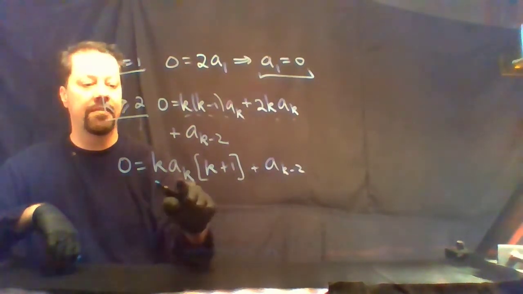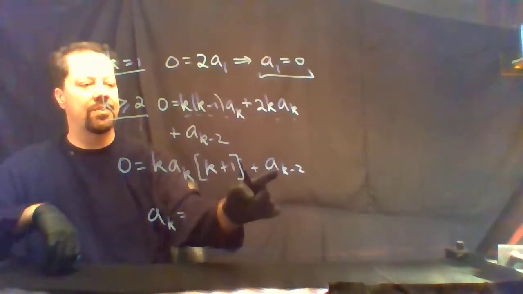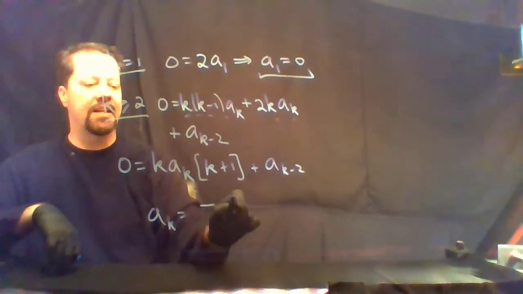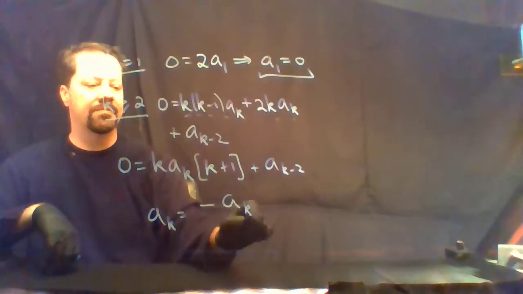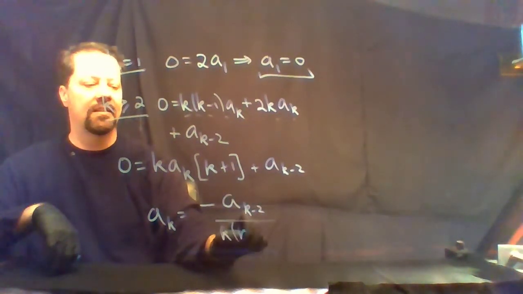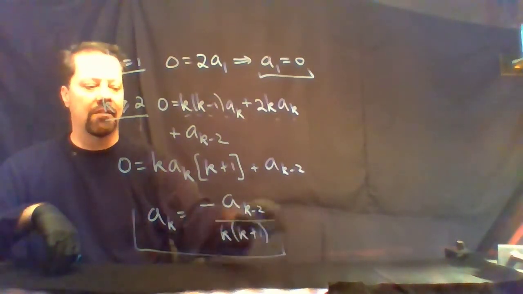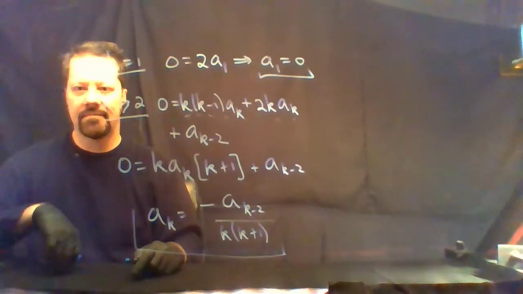If we move to solve for a sub k, this term will have to go to the other side, becoming minus, and we'll divide by k times k plus 1. This gives us our recursion formula.